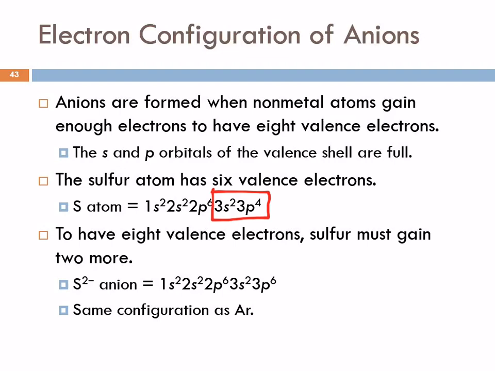Does sulfur become argon when it gains 2 electrons? No. What's different between the sulfide ion and an argon atom? The electrons are the same. What's different? The number of protons. So in chemistry land, my fantasy world, I see the electrons as being similar to the clothing that we wear.